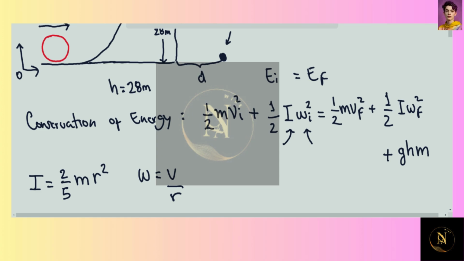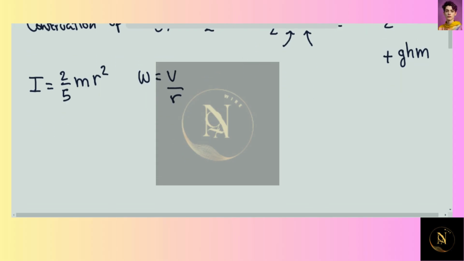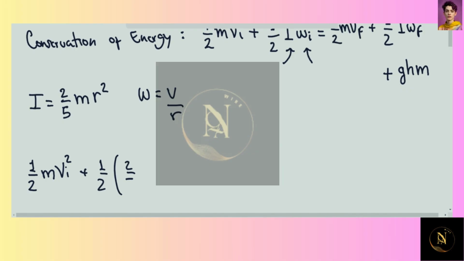So knowing this, we just need to substitute all of this in the equation for the conservation of energy. So we will have 1/2 of m times the initial velocity squared plus, here we substitute the values that we know.